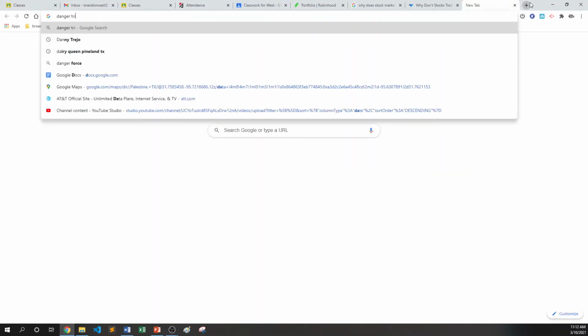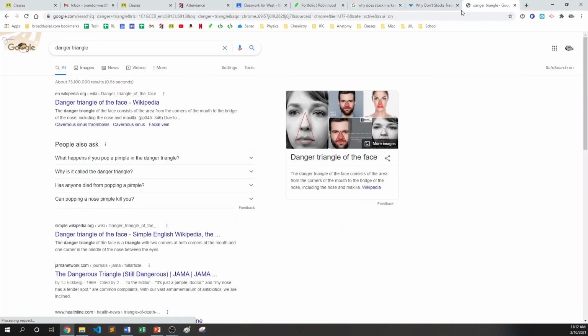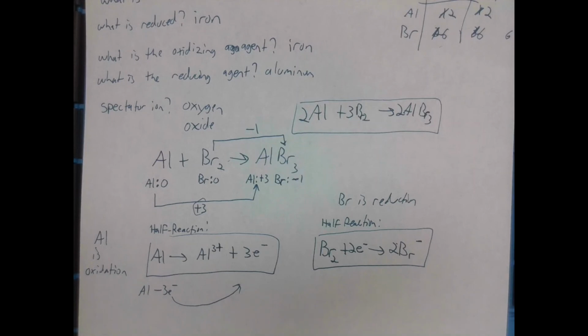What's it called? Danger triangle? The very first week of school, and that's not what I was looking for. Danger safety triangle?